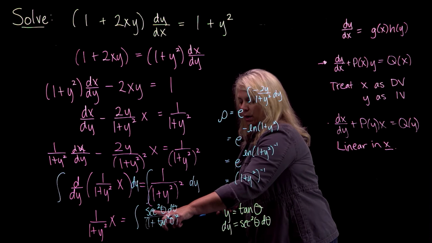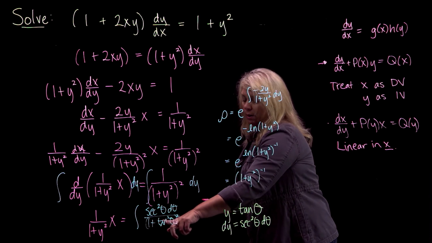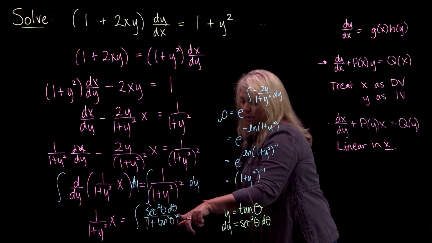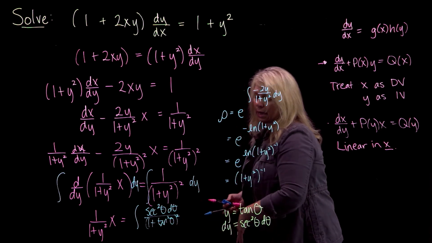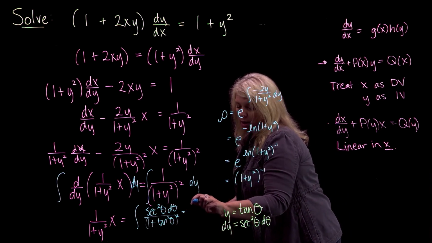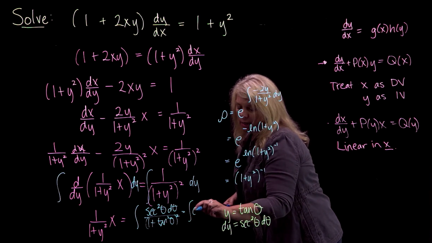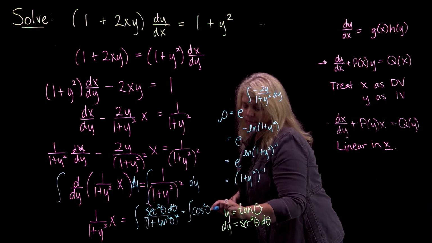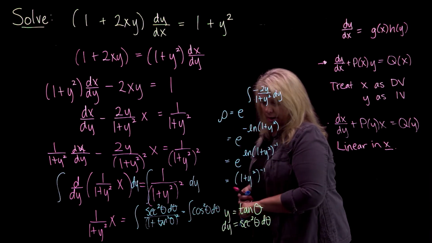So I have secant squared theta. My 1 plus tangent squared theta is secant squared theta, and the quantity squared. So I'll have one of those to cancel. I'll be left with 1 over secant squared theta, which is the same thing as cosine squared theta. And I need to go ahead and do that integration.